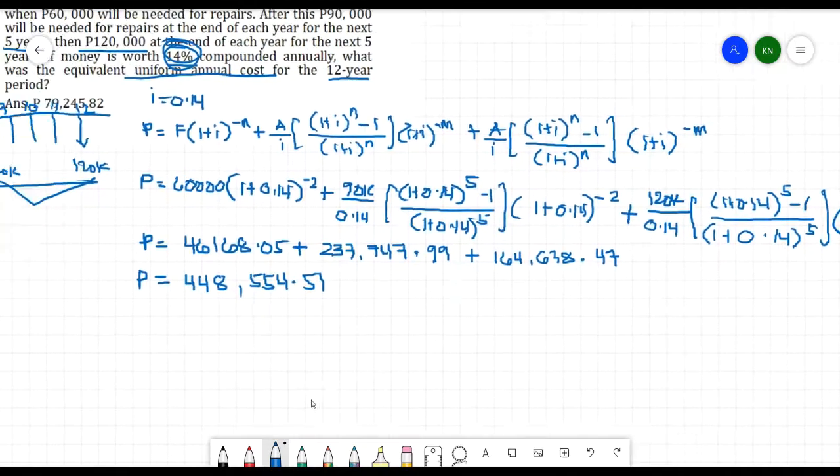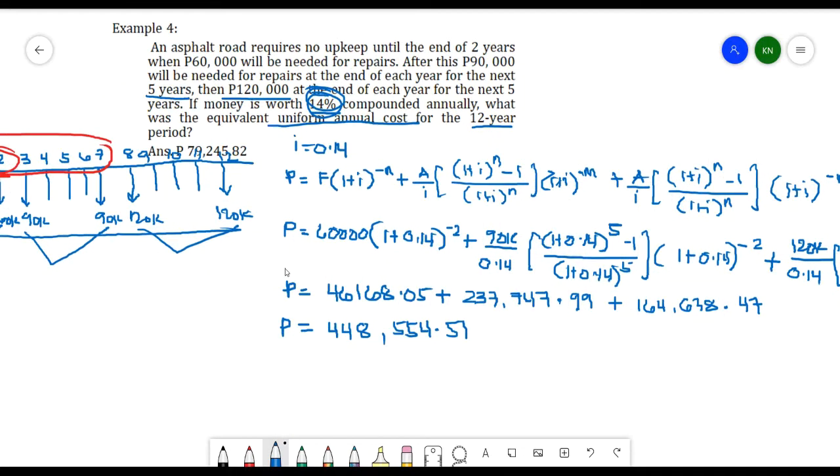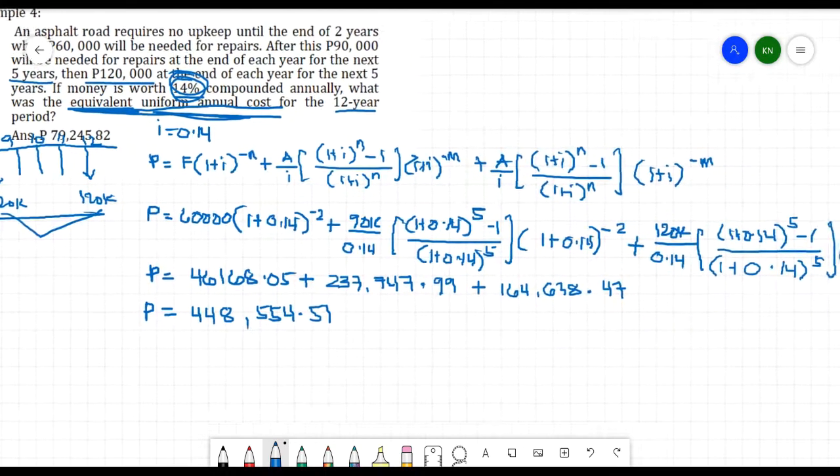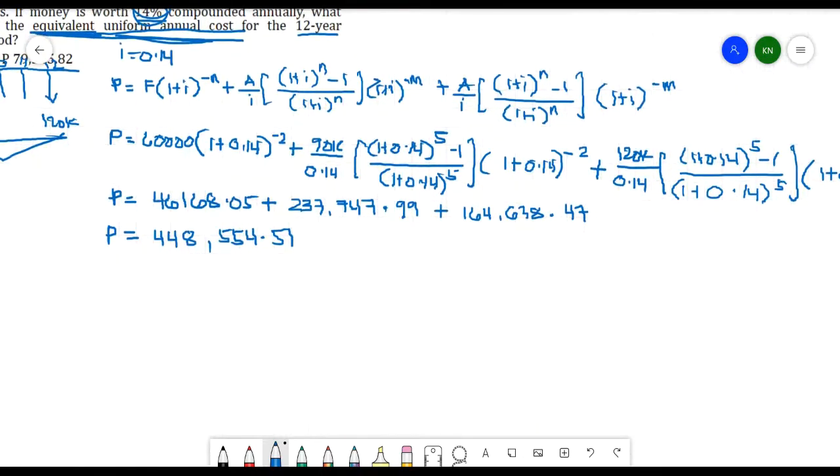Now, since our goal again is to find the equivalent uniform annual cost of this one, if this is not the way we pay or spend for the road repair, what if we allocate a yearly budget, an annual and equal payment or cost for the road repair? So from that, we can use the formula of our present worth.